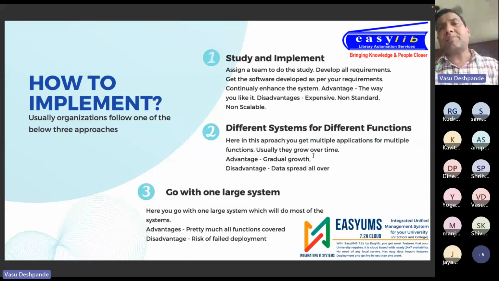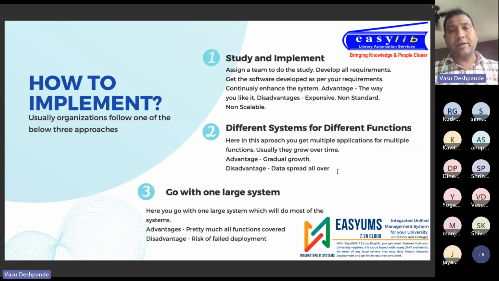Today, this is the biggest problem that the entire industry is facing, because you have 100 systems and the data is all spread over. One system doesn't talk to another, and so on. But the advantage is that you have the systems doing the silo parts, and then it gradually grows. The disadvantage is that data is spread all over. You don't get the reports.